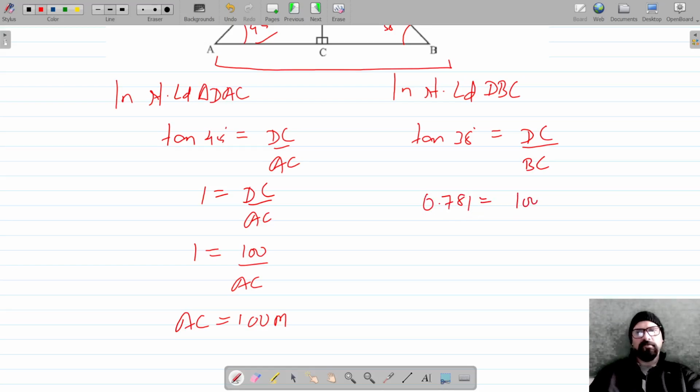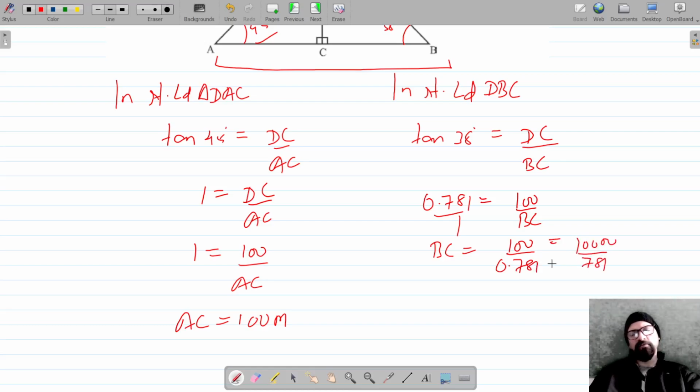And this is 100 upon BC, which gives us BC is equal to, if we cross multiply, 100 divided by 0.781. And that is now 10000 divided by 781.